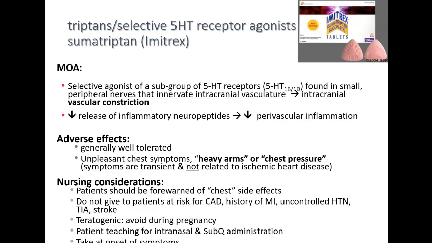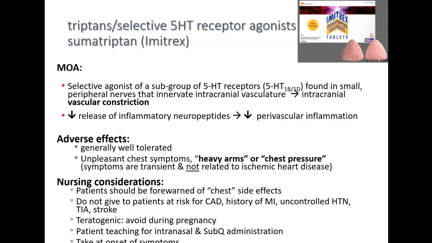Well, if you think about what I said just a minute ago about how caffeine causes vasoconstriction, then you can see why these might work well. These meds decrease the release of inflammatory neuropeptides, which decrease perivascular inflammation, and then again, cause intracranial vascular constriction.